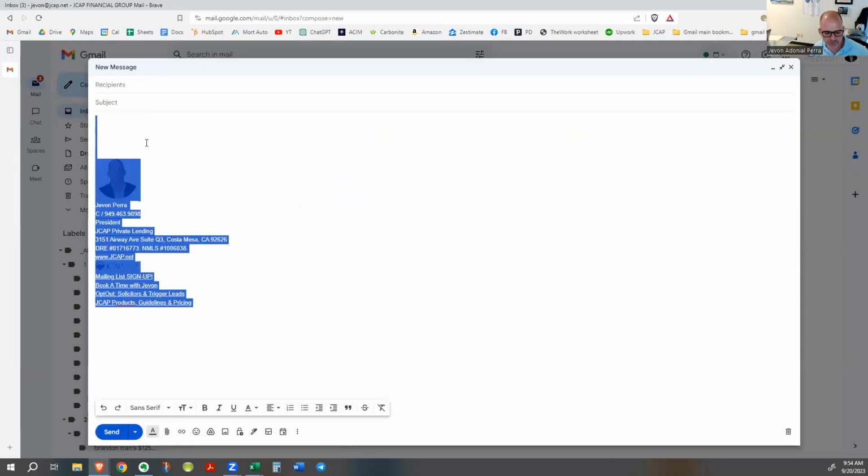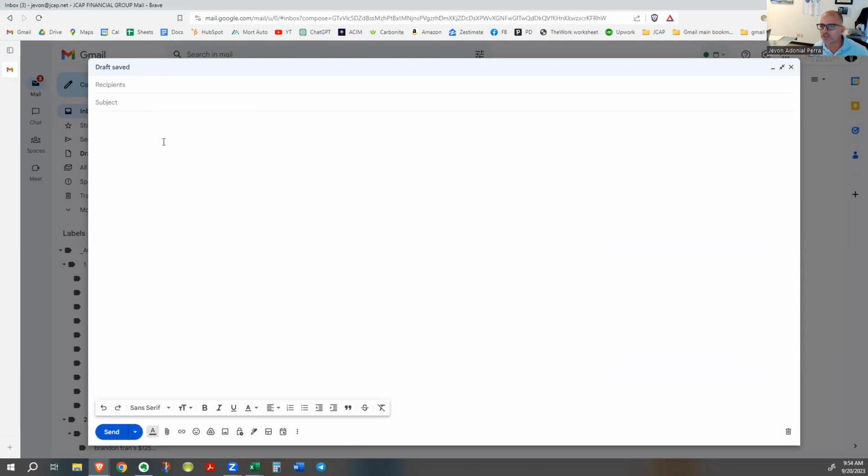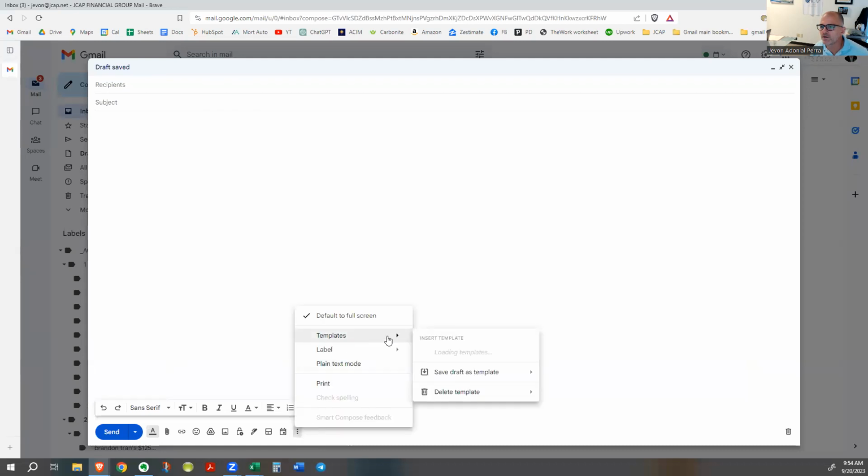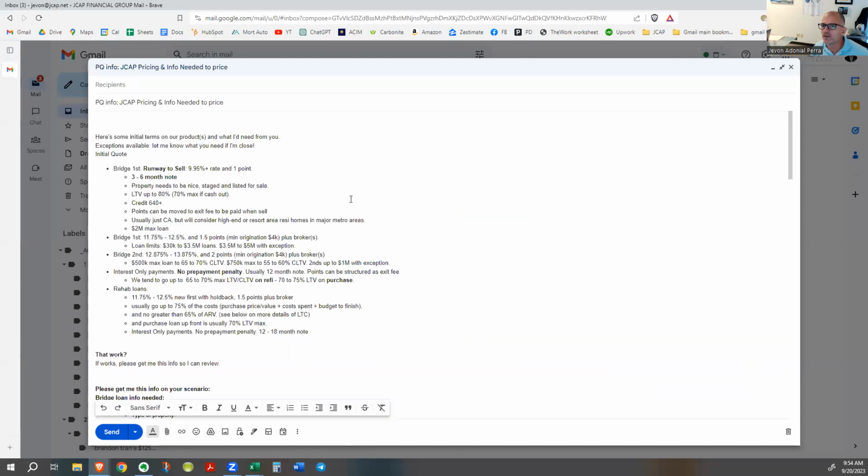And so I'm going to show you also how to update your template. What you're going to do is open my email, get the template, and then open the email and edit the subject in the top part of the email. You see what that is? I sent it to your loans at Gmail, loans at jcap.net.